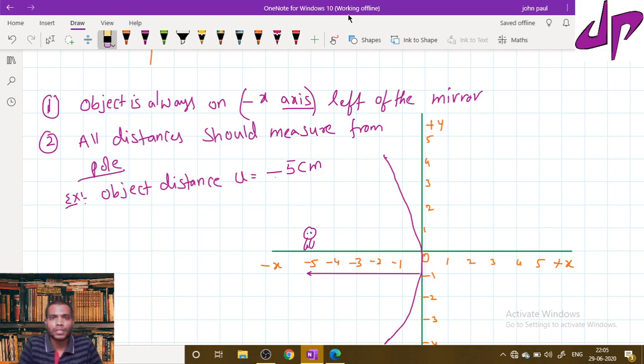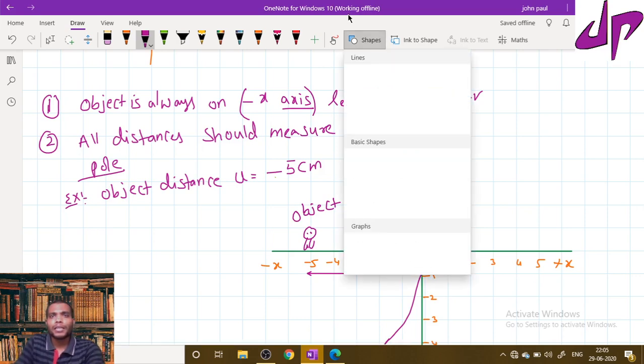If this is the object, and the image forms here, suppose it is a concave mirror; a concave mirror forms an inverted image.